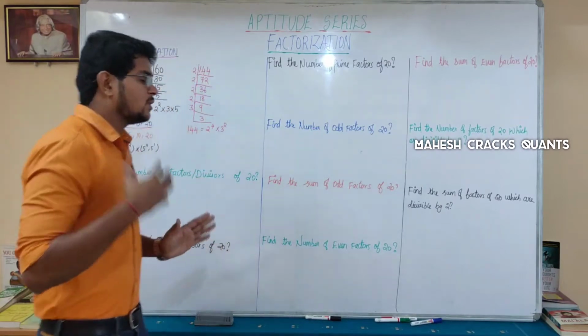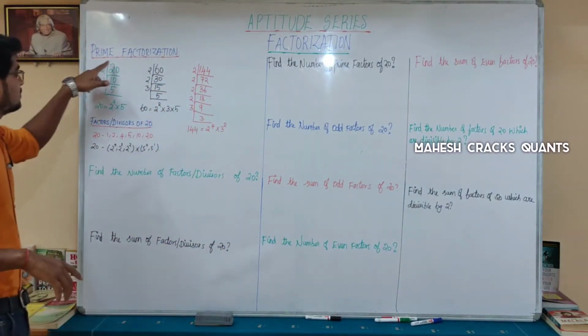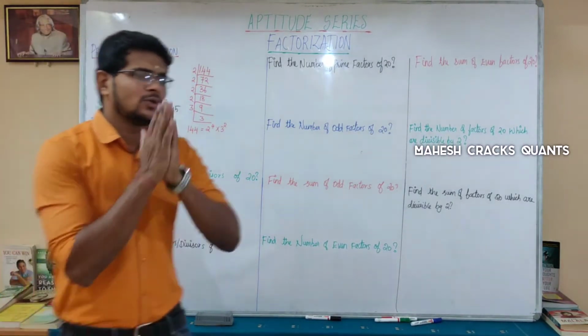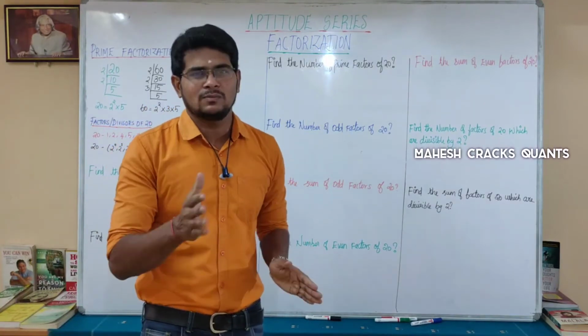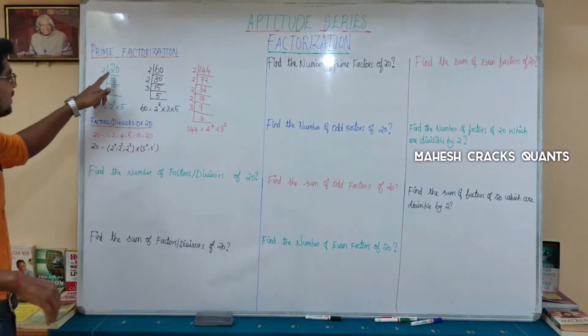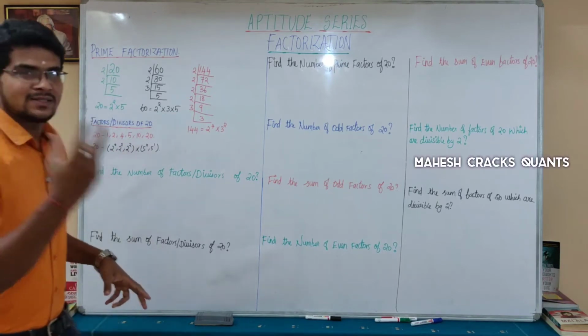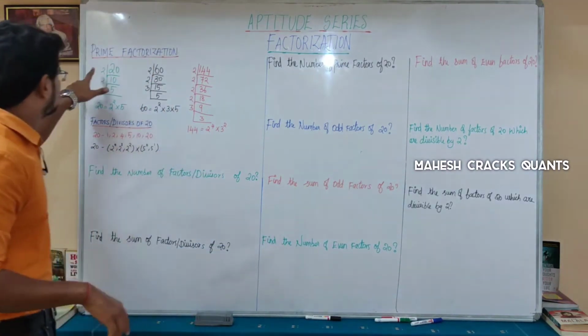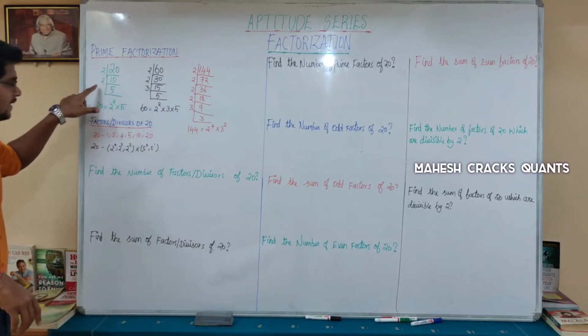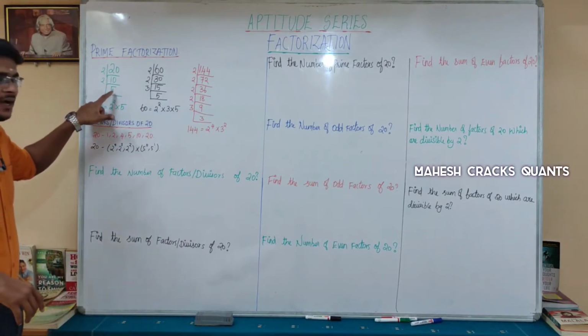First thing you need to know is prime factorization, which is nothing but taking prime numbers from that number. For example, I have taken 20. What is the prime number inside it? 2. If I take 2, I have 10. Again I can take 2, and I have 5.